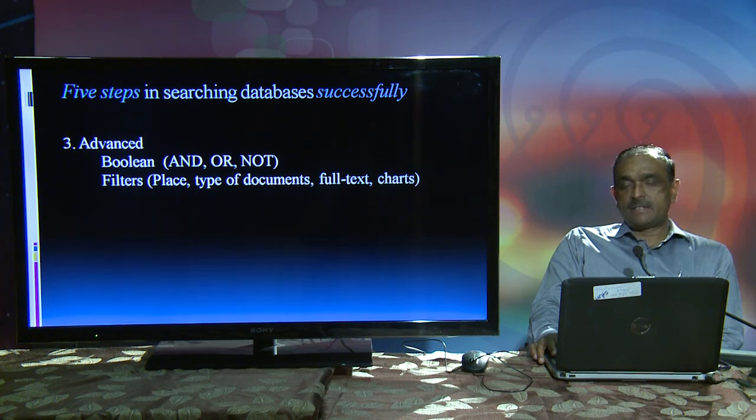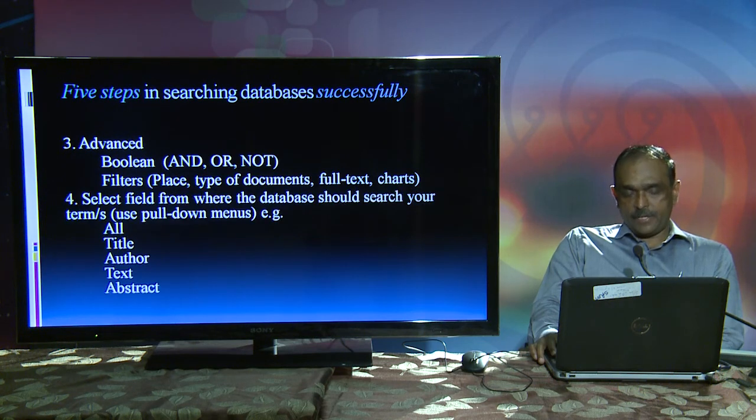Filters such as charts, diagrams, maps will help you to search the literature with those particular features. But what I have mentioned on your screen are just exemplary filters. You can have more filters in a particular database, which always help you to go nearer to the most relevant literature of your requirement.